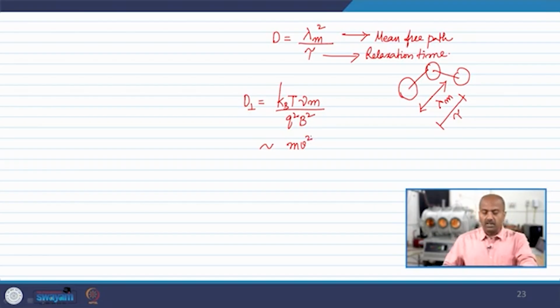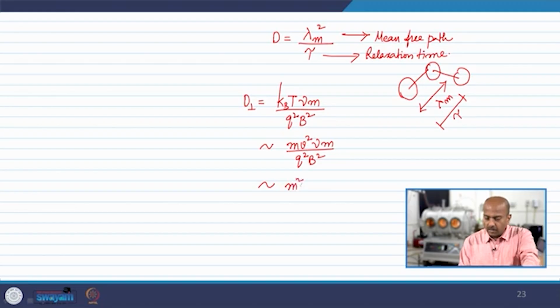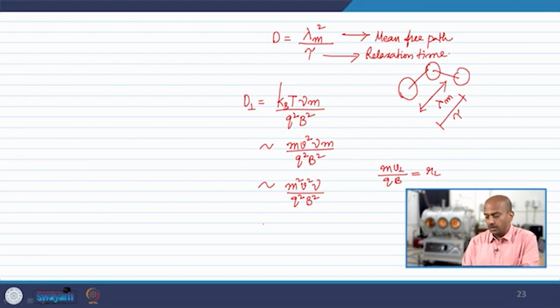So, kBT, the thermal energy, is equated to the kinetic energy. Or we can write it as m square v square nu over q square B square. This looks in a form that is familiar to us, because m v perpendicular by q B is nothing but the radius of gyration of the particle.